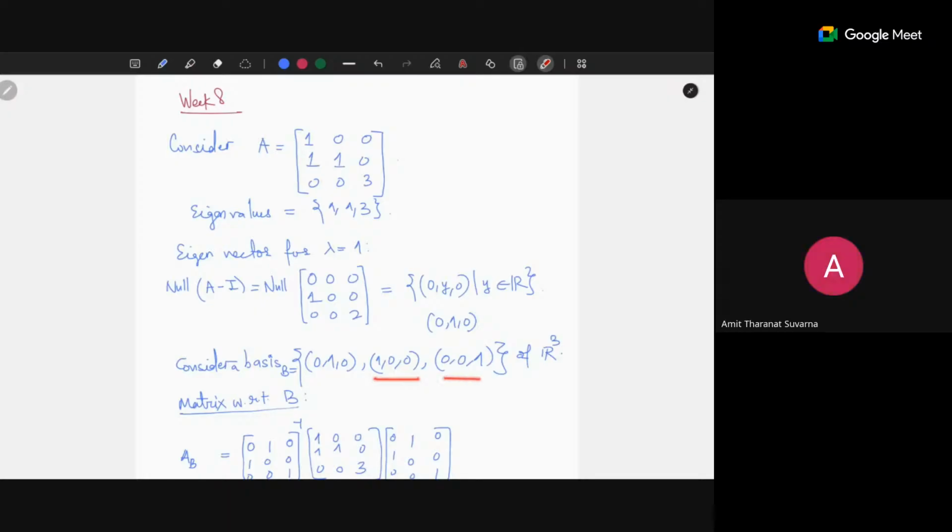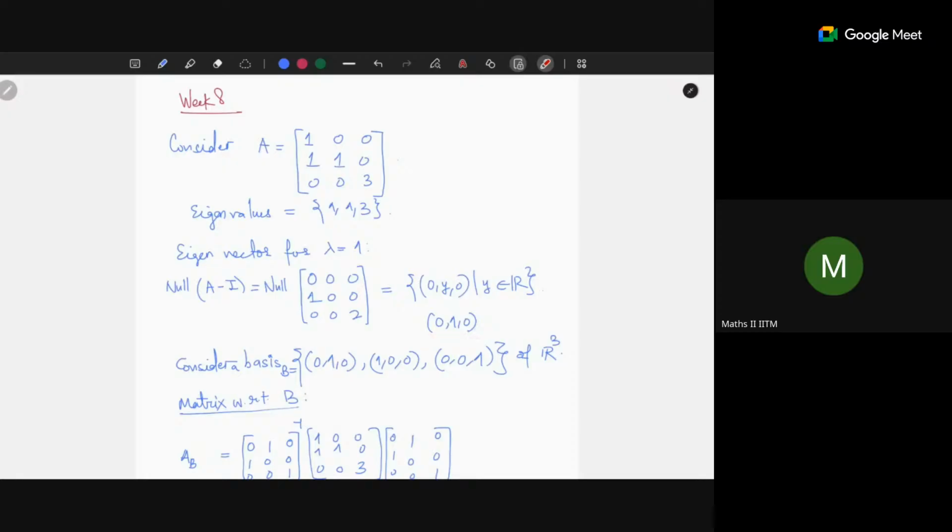What vector do we add? The second vector will be for the eigenvalue 3, right? So we need only one vector to extend this to a basis of R3? No, no. As of now I am just starting with the first eigenvalue and looking at its eigenvector.